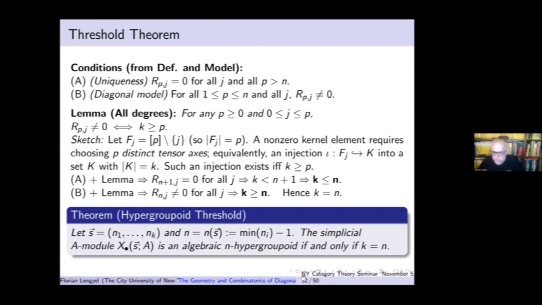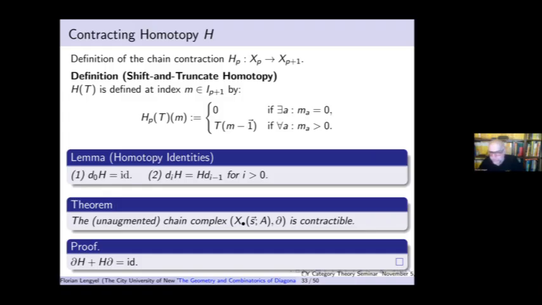So there's the hypergroupoid theorem. That's when things went south, with Zoom. I think when you left, I mentioned that the diagonal simplicial tensor module, this whole family of them, depending on the parameters, is contractible.